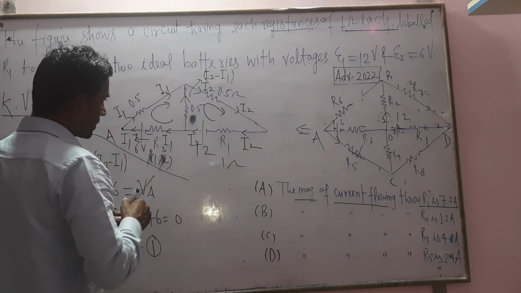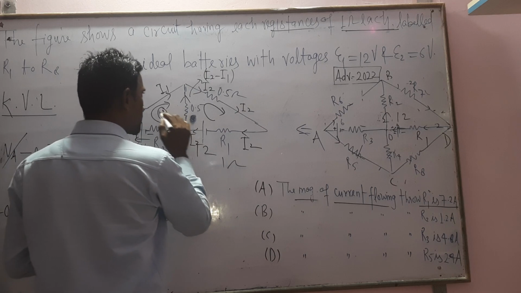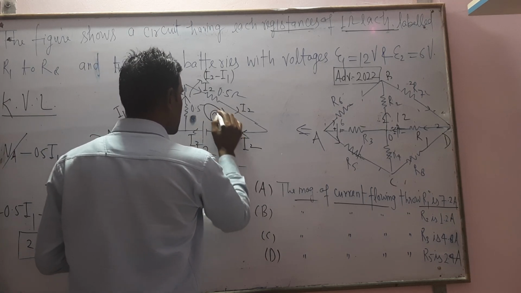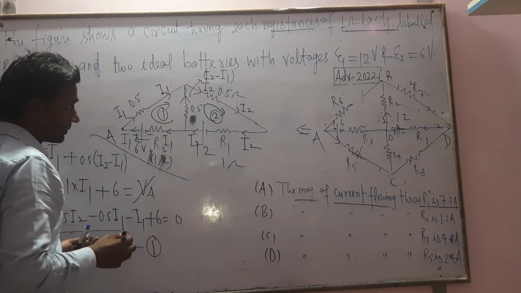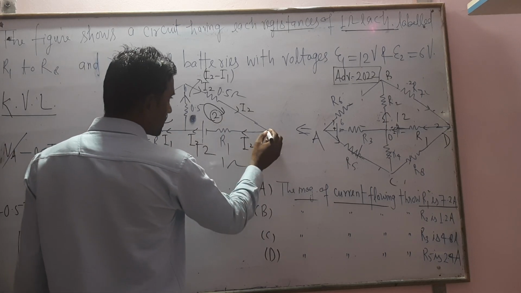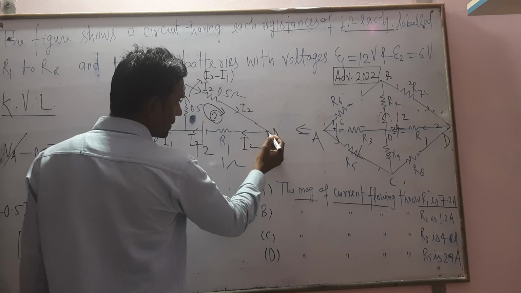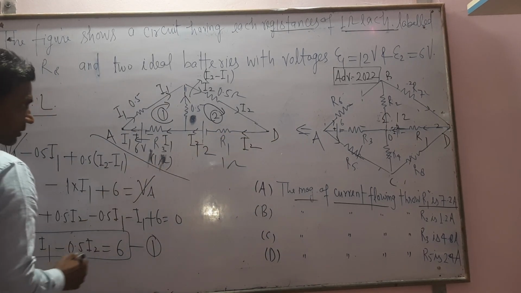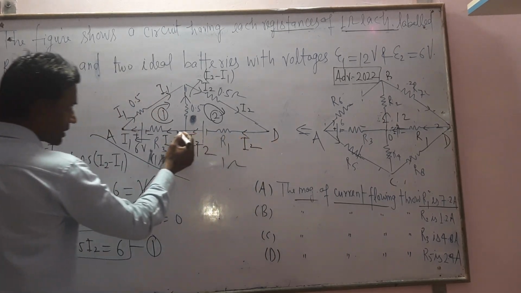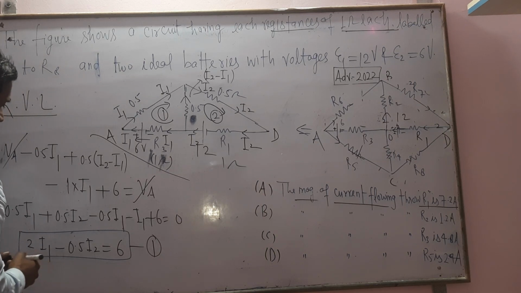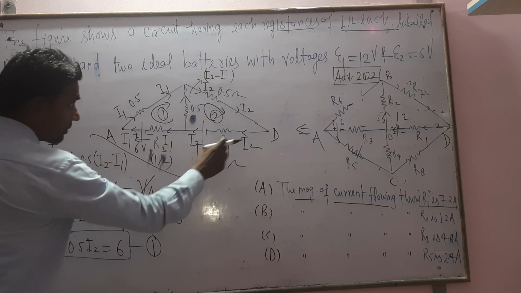Similarly, we use KVL for the second closed path. If this point is the point D, we solve from point D in this direction.